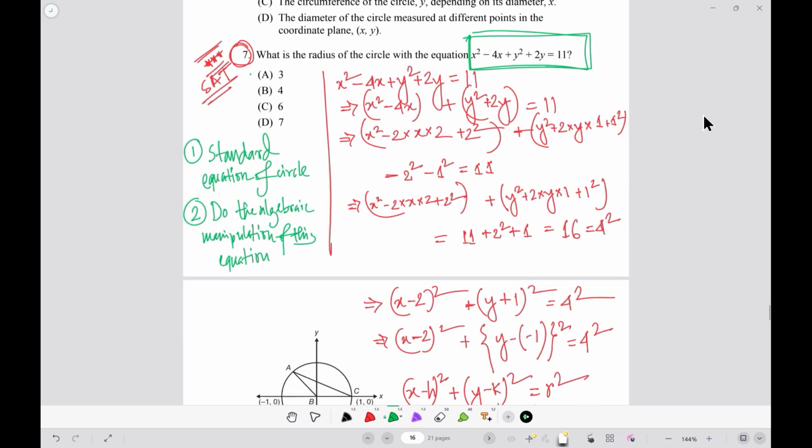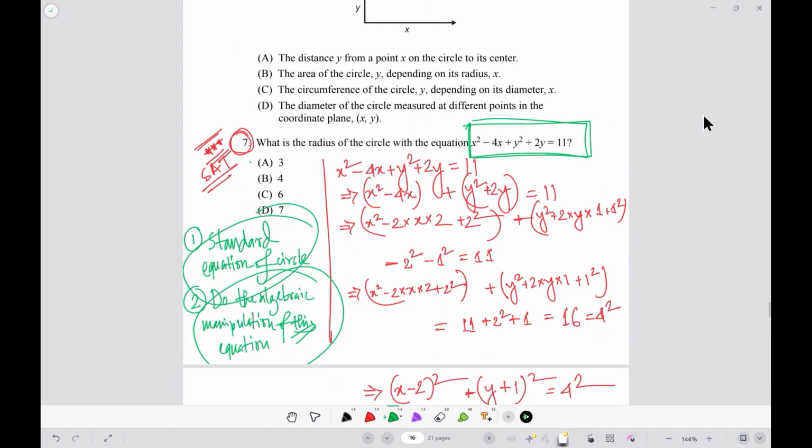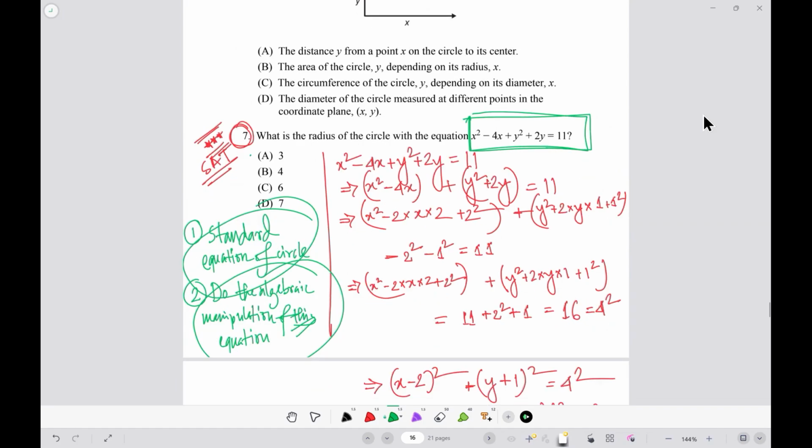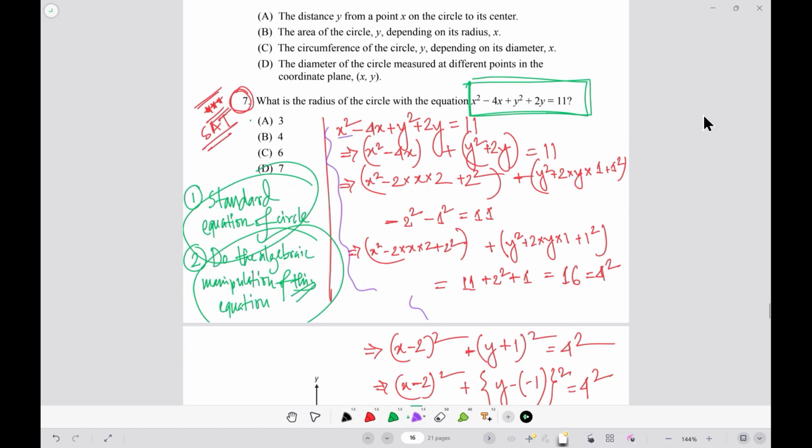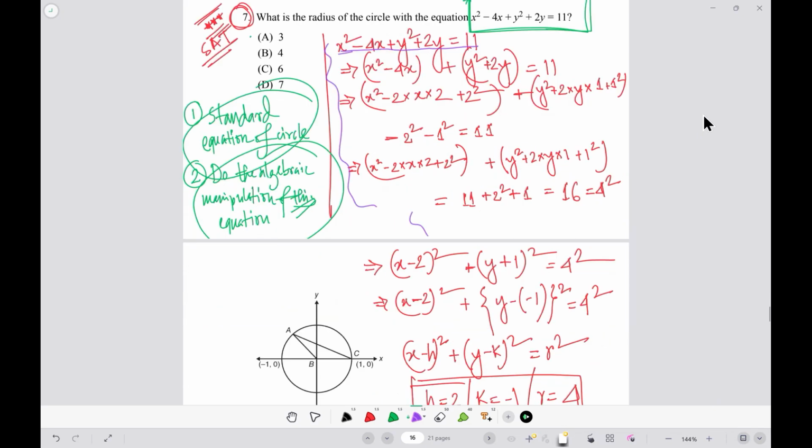So we are interested to make this equation look like the standard equation of a circle, and to do that we need to do the algebraic manipulation of this given equation. This is the process that is written in red color. The given equation is x squared minus 4x plus y squared plus 2y equals 11, and we need to make it look like this.